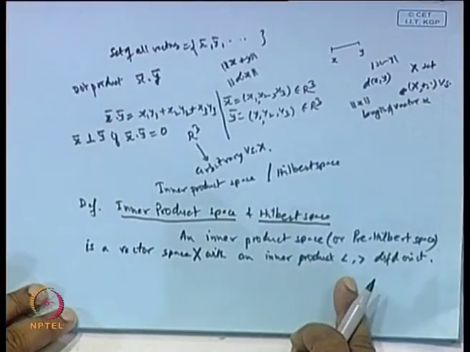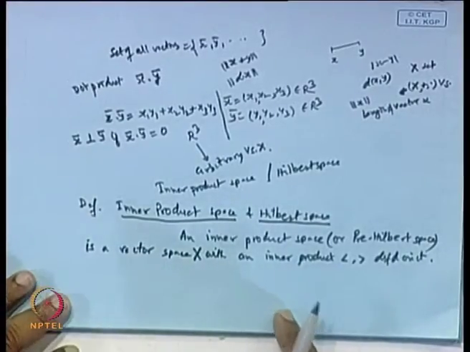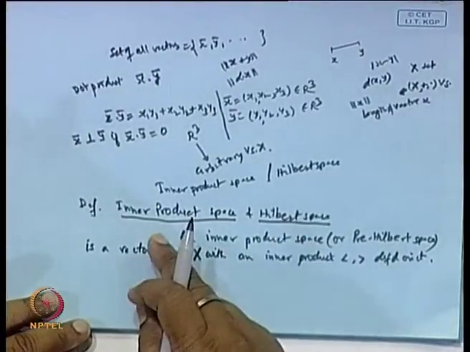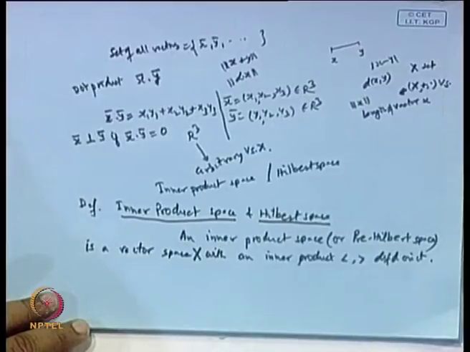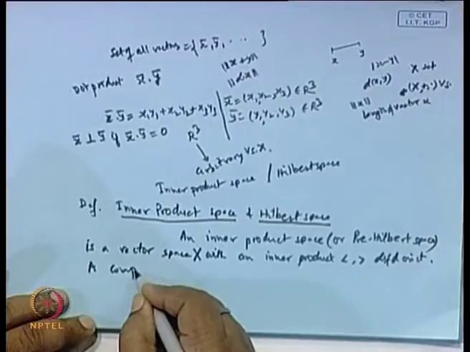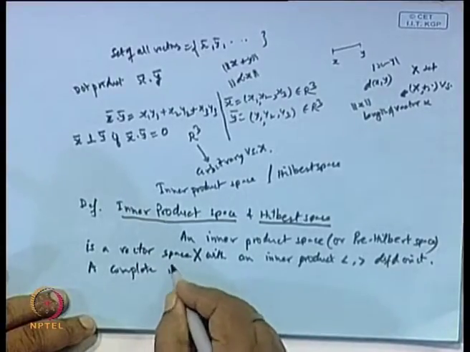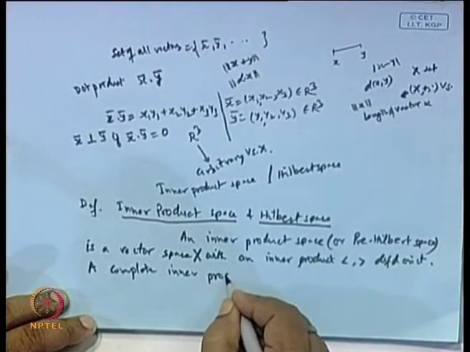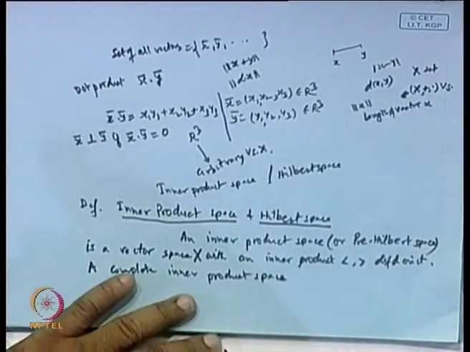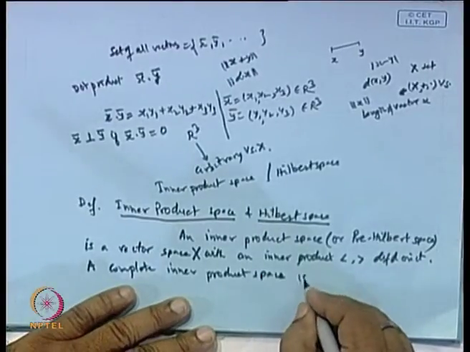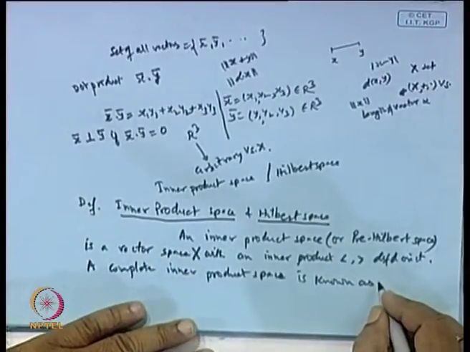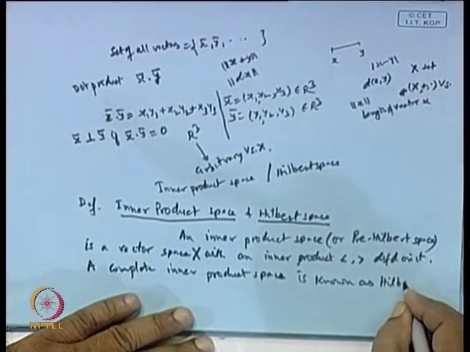The inner product we will define below, just let me complete. And as I told, the Hilbert space is a particular case when we put a certain restriction. So, a complete inner product space is known as a Hilbert space.